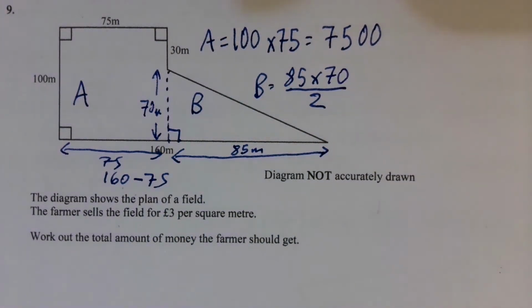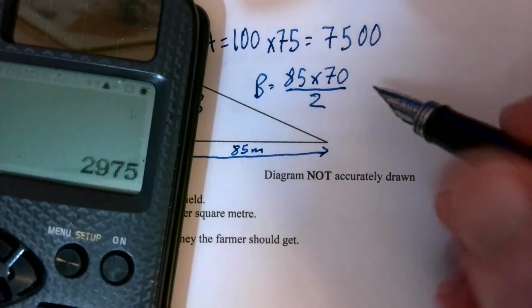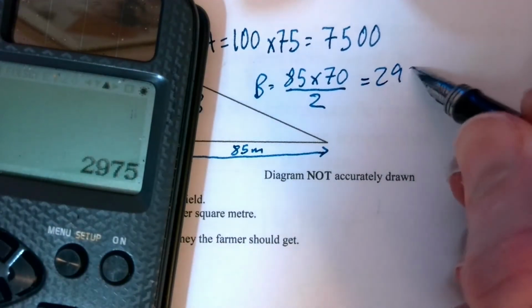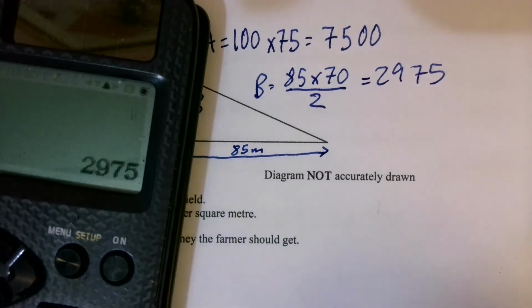You can do that with long multiplication, or I don't mind you practicing using your calculators on this. If you've got time, practice your long multiplication and then check it with the calculator is often a good thing to do, and that should give us 2,975. I think with these numbers it probably would be the non-calculator paper, to be honest.